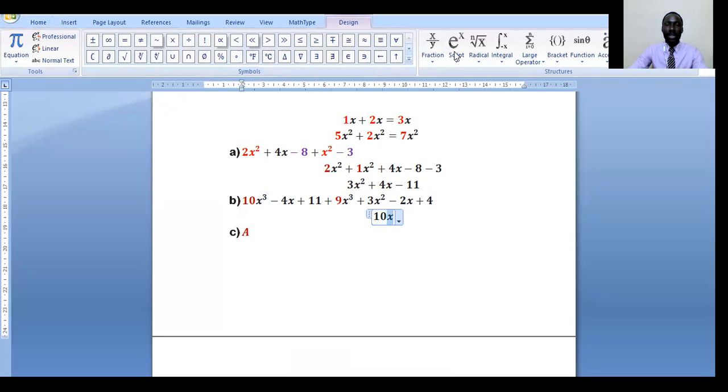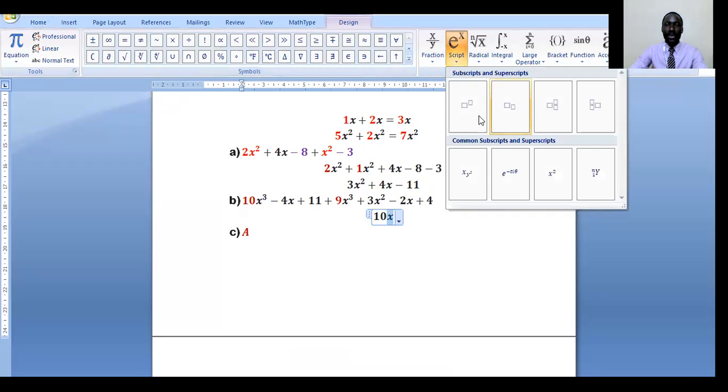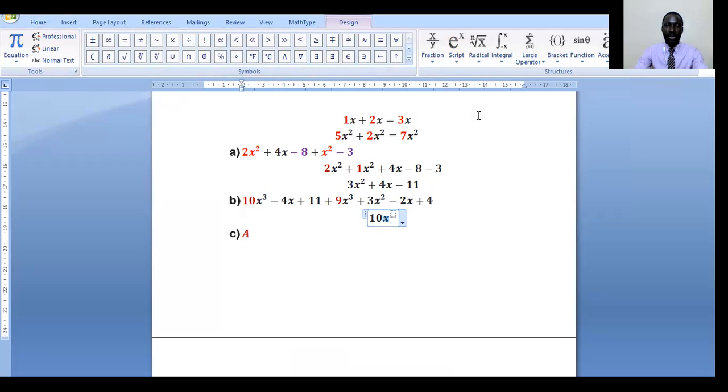This 10x cubed must be added to 9x cubed. We'll first get it close enough to 9x cubed. That's what we have for 10x cubed. Now after that, we have to add this to 9x cubed. Why are we adding and not subtracting? It's because the sign in front of 9 is a plus sign. And so we keep that sign the way it is.